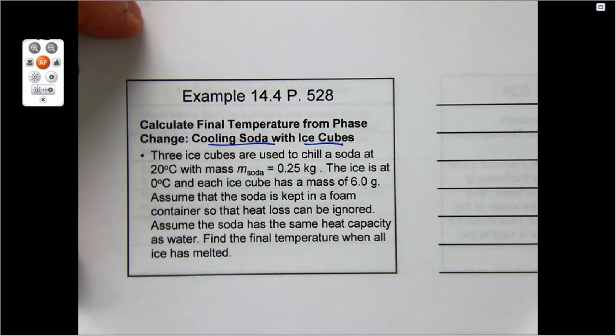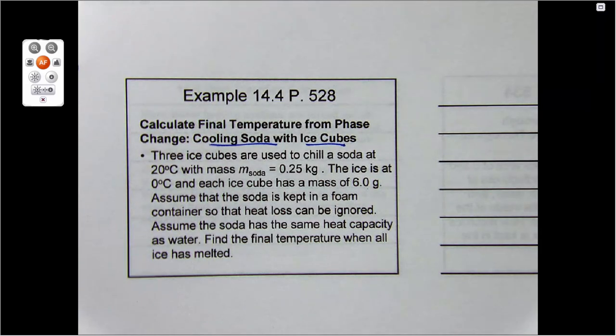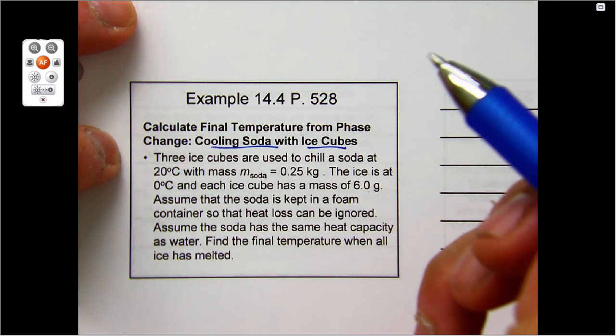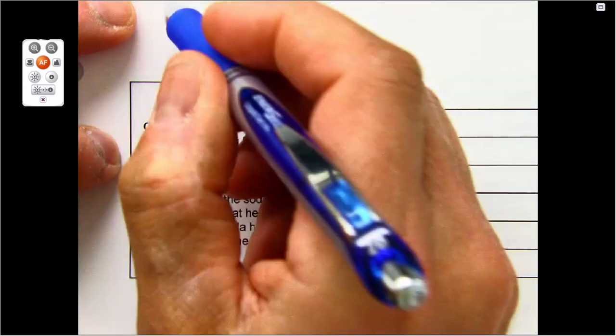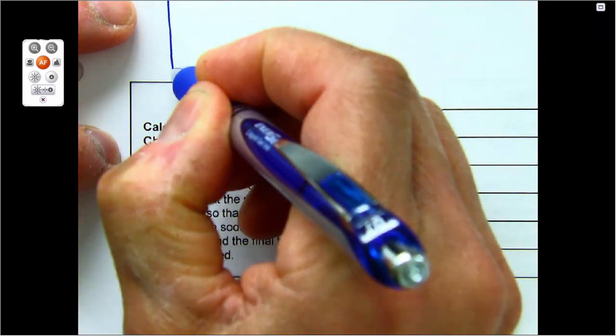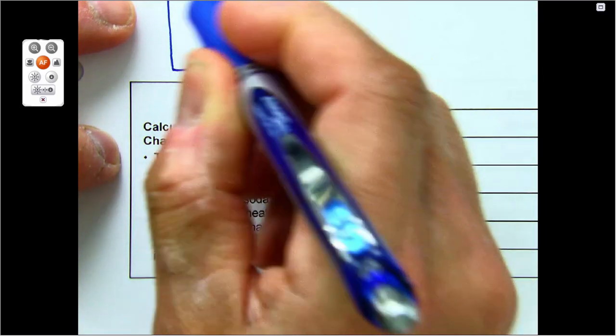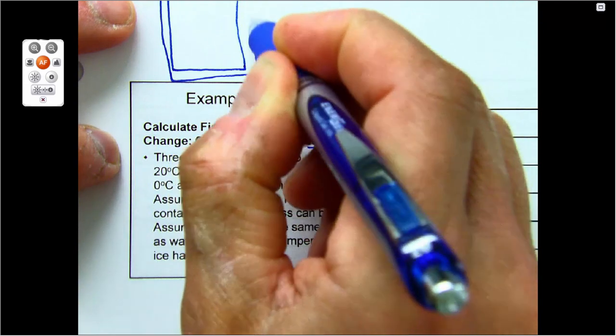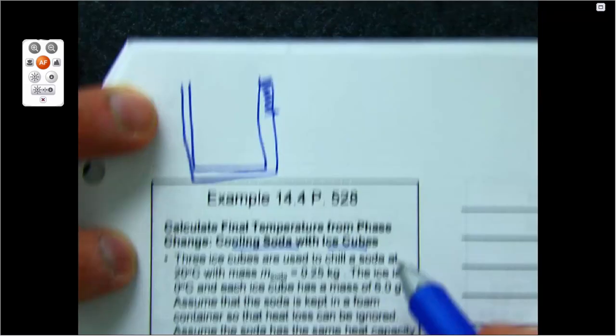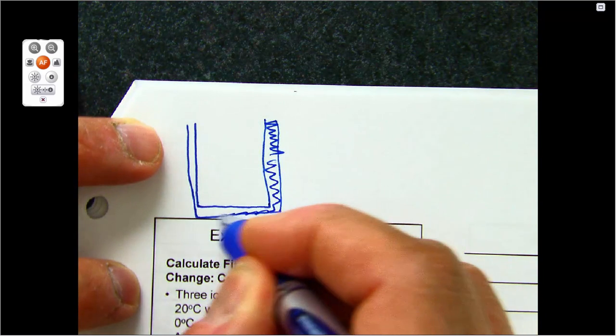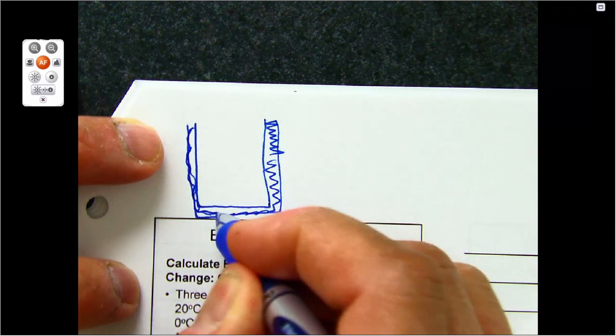Okay. So, 3 ice cubes. We are going to chill this water with 3 ice cubes. We are going to have an insulated container here. Beautiful drawing of my insulated container.